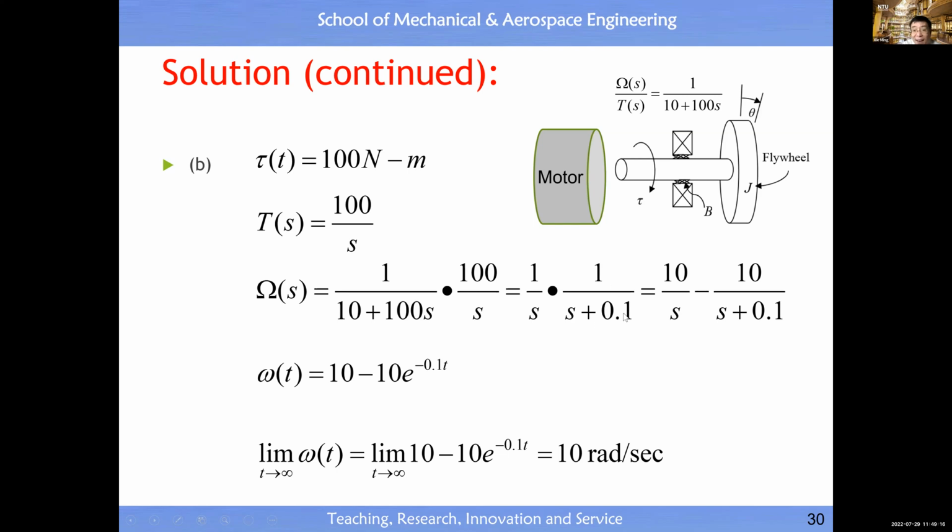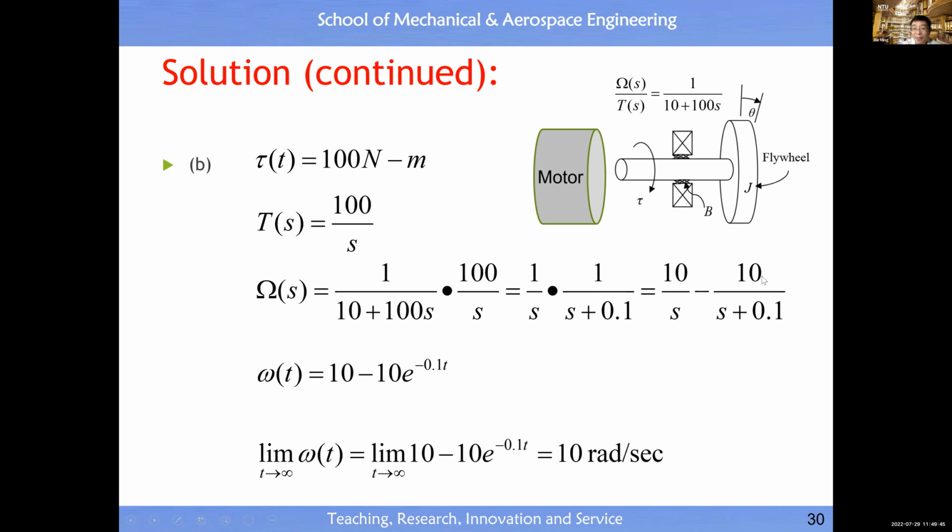Then with simplification, this one is equal to this one. We call this a partial fraction expansion. You can easily verify: merge these two together and you should get this one. How to obtain this? You just name it A divided by S, plus B divided by S plus 0.1. Then how to determine A? Multiply both sides by S, then let S equal to 0, and you get A. How to determine B?